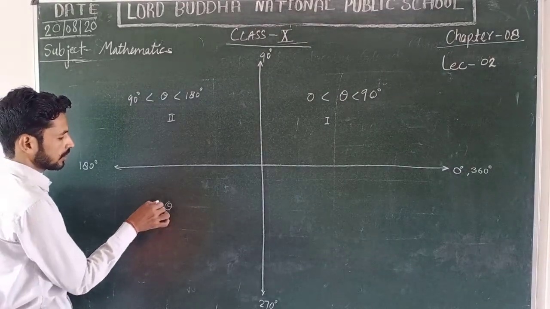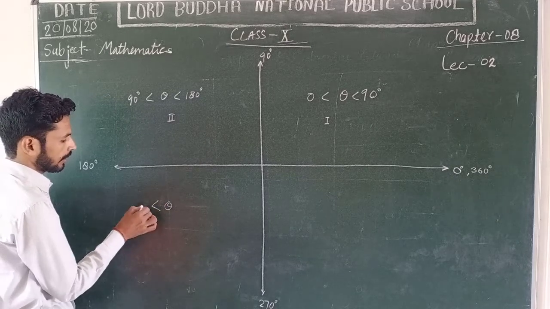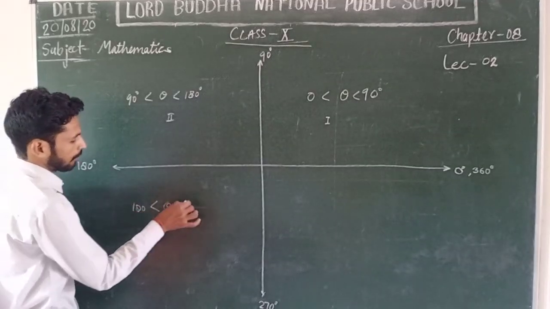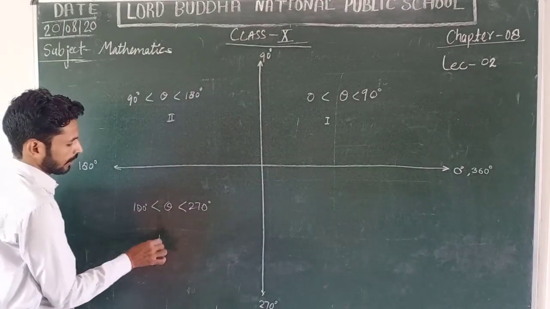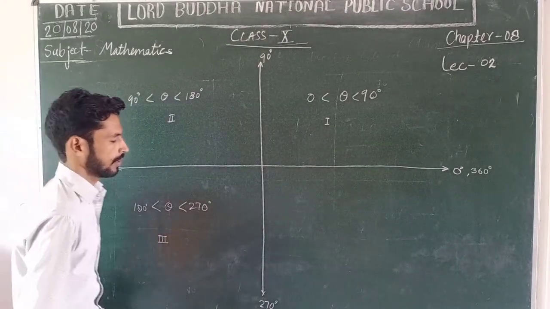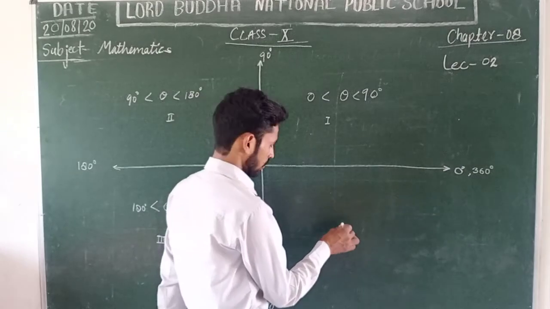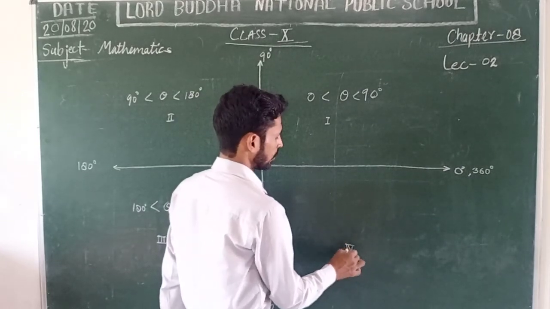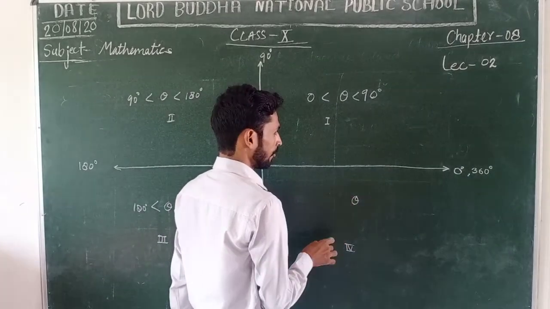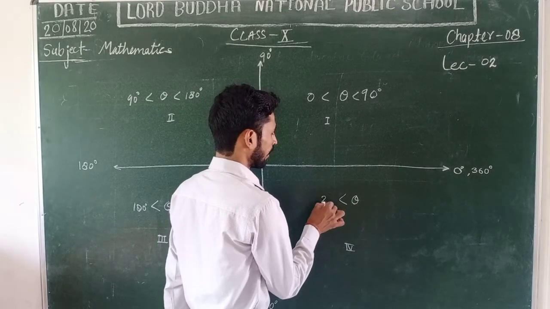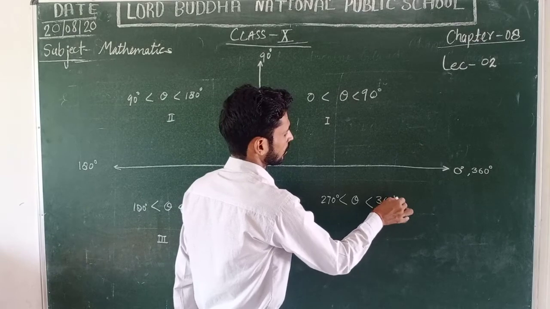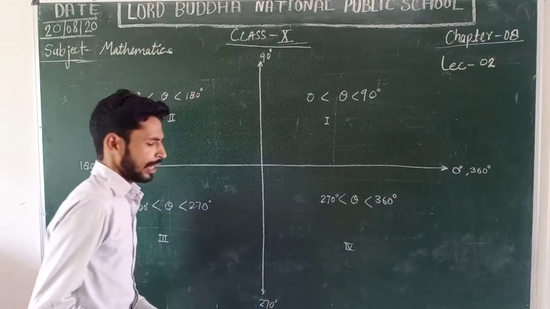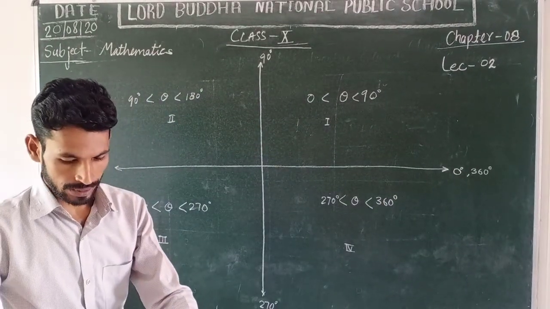And like this, theta greater than 180 degree but less than 270 degree is the third quadrant. And in the fourth quadrant, the value of theta should be greater than 270 degree but less than 360 degree.